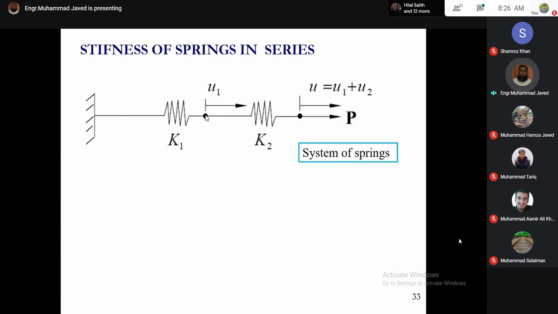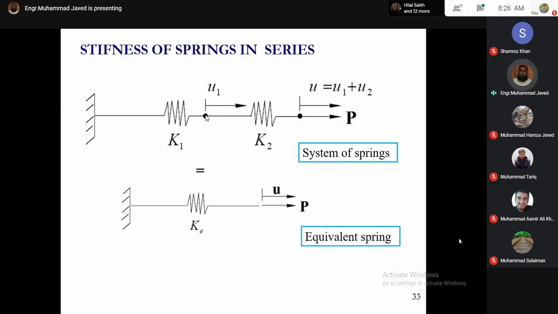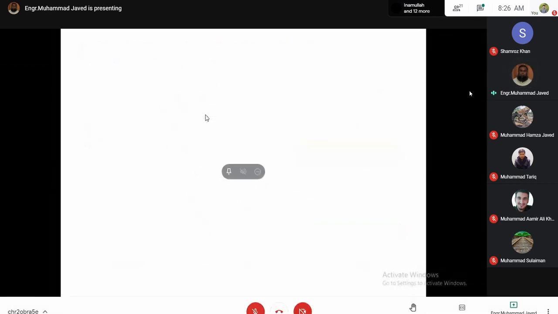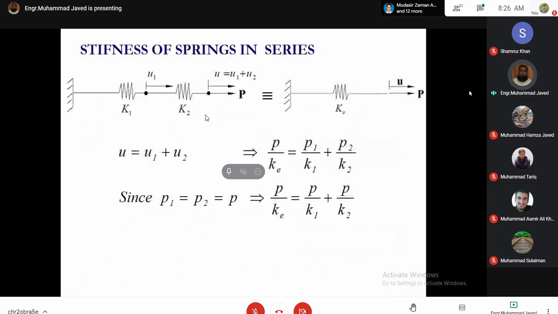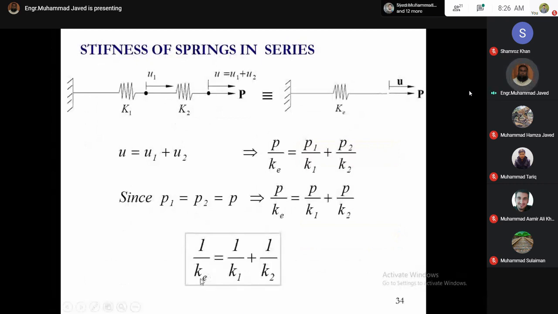And it can be derived that if we replace this by a single spring, the equivalent stiffness of the single spring can be calculated by this equation.